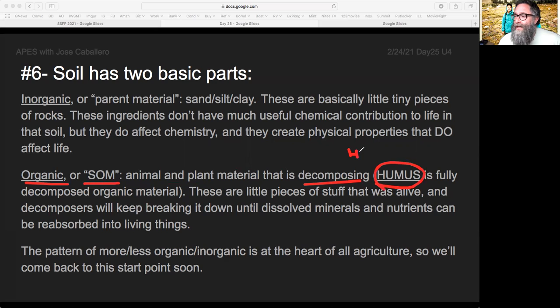Some people say the humic content of soil, like how much of the soil is organic material that's decomposing. And these little pieces of things which were alive will keep decomposing until you get minerals and nutrients that are useful for life. This is like the fertilizer that a hippie would add.